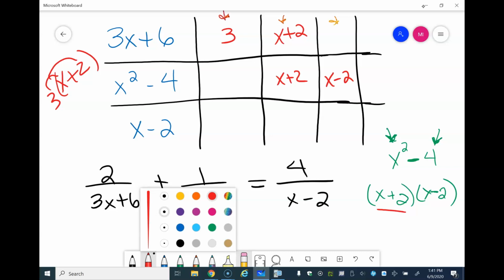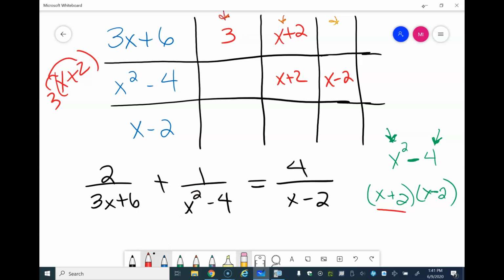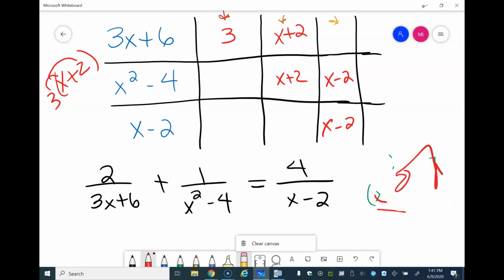So we're going to put it in the last column, because this is where they match up. Let's get this all erased so we can have some space.